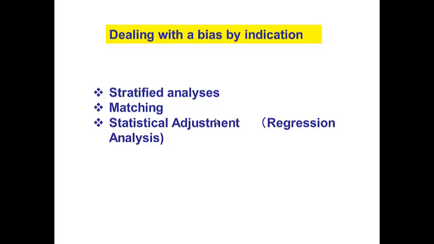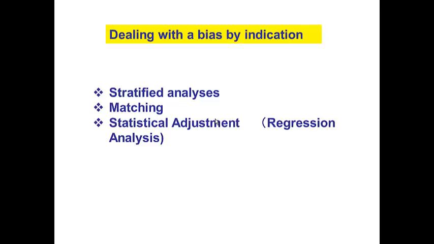Or matching, when you look at a patient who uses aspirin and then you match a patient who does not use aspirin and whose age is the same, gender is the same as the person who uses aspirin, and you put them in a pair. And after you do that for all aspirin users, the distribution of each baseline variable would be the same between aspirin users and non-users.